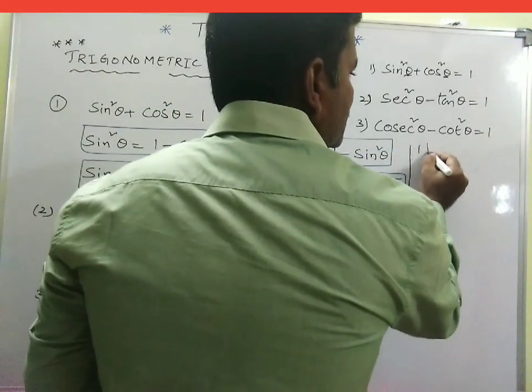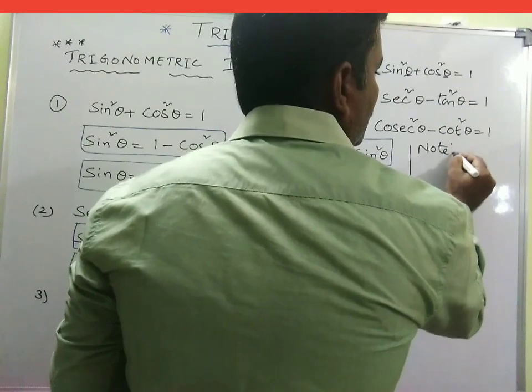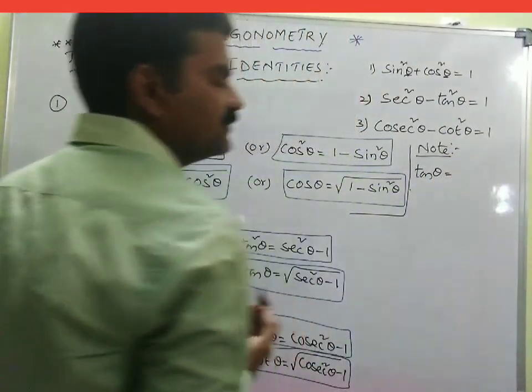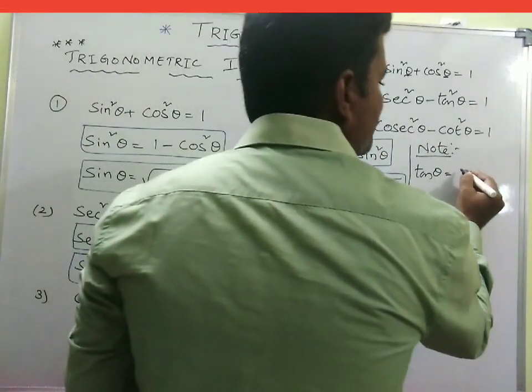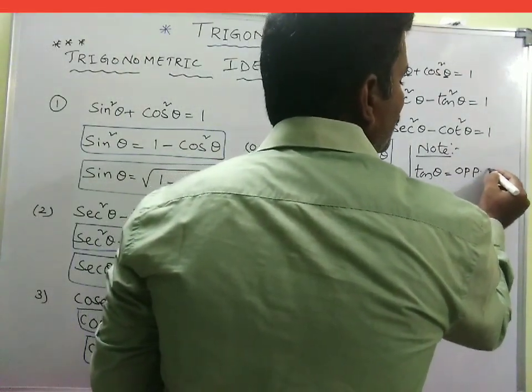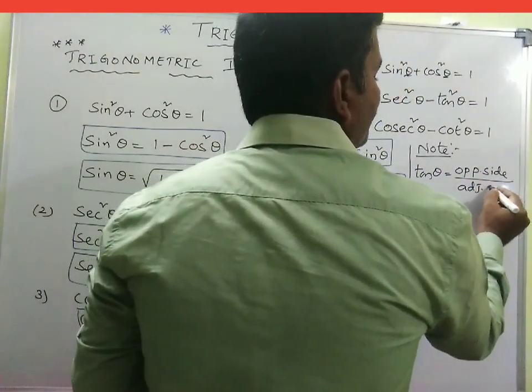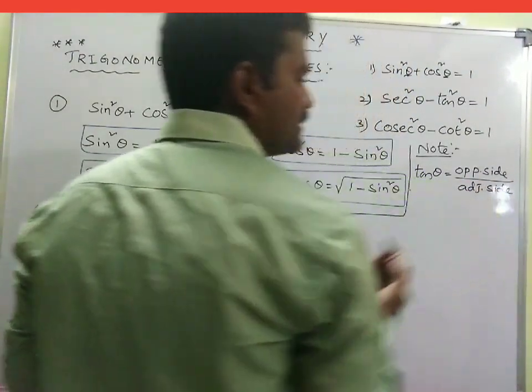And just look at this point also. Actually tan theta is equal to, basically the formula is, opposite side by adjacent side of an angle theta. Am I right?